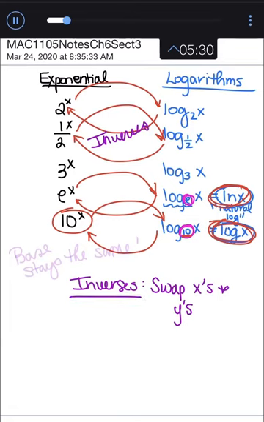That's how you find your inverses. But notice with these, when you're finding your inverses, whether the inverse of a log is an exponential or the inverse of the exponential is a log, notice that the base stays the same. That's very important. So let's play around with this idea of how the exponentials and the logarithms relate because they are inverses.